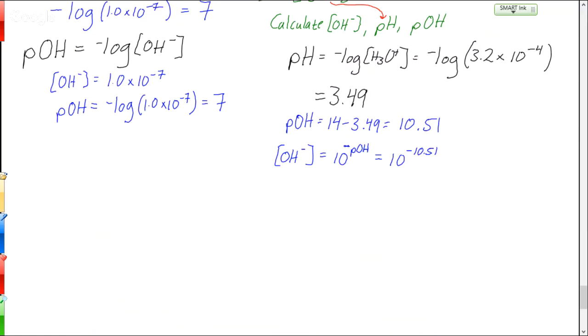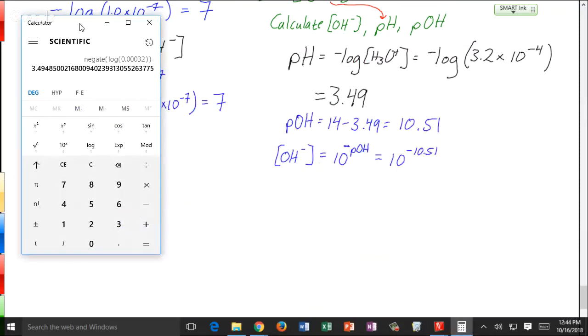Now, normally we don't leave exponents in that, or scientific notation in that form. We actually evaluate that so that we have an integral exponent. If you don't have a calculator that can do this, you can totally leave it like that. That's fine with me. But if we want to calculate it out, we go 10.51, take the negative, and then take 10 to that power.